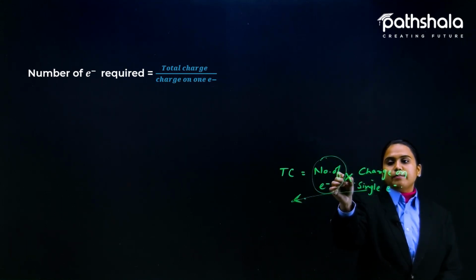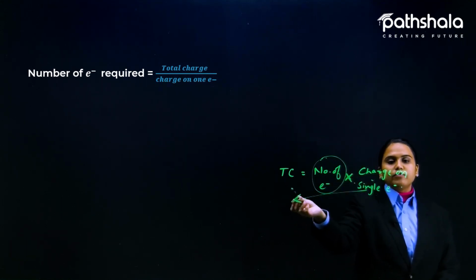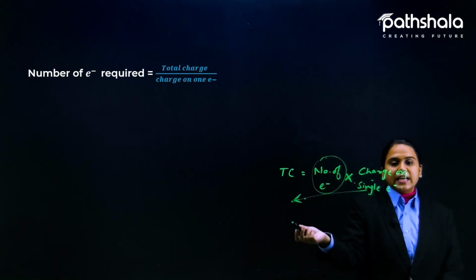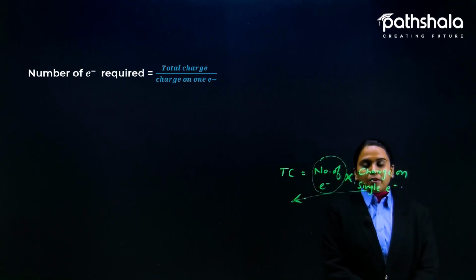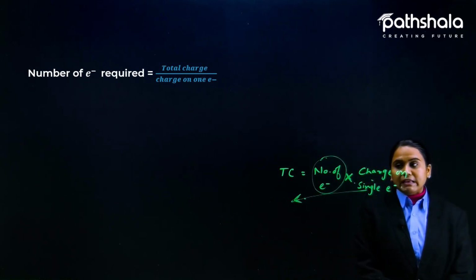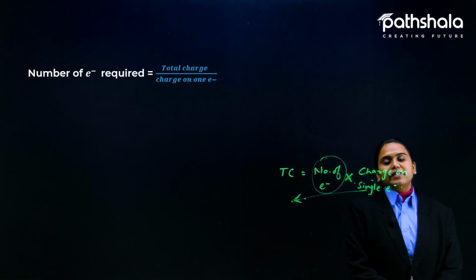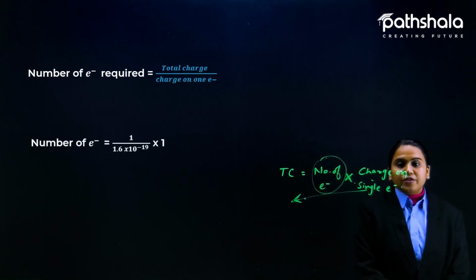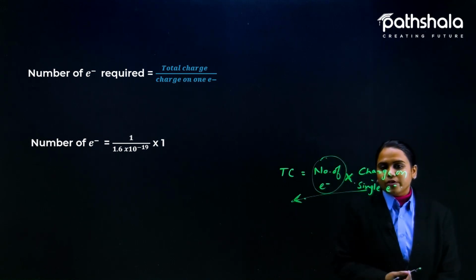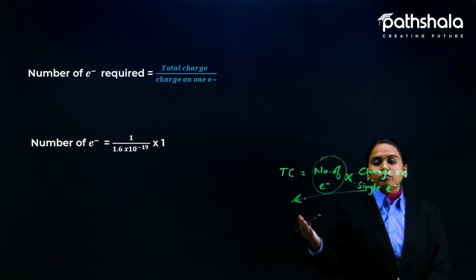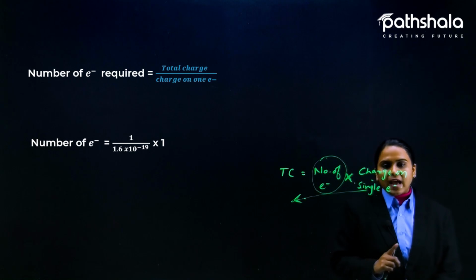If something is multiplying and we change the side of the equals sign, then it will change its operation also. Here I have already written it for you: the number of electrons required will be the total charge divided by the charge on a single electron. You know that the charge on a single electron is 1.6 into 10 to the power minus 19, and the total charge we need to find is 1 coulomb actually.